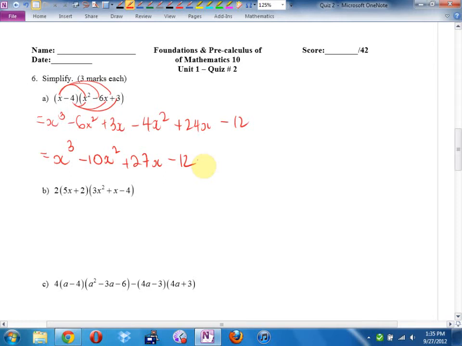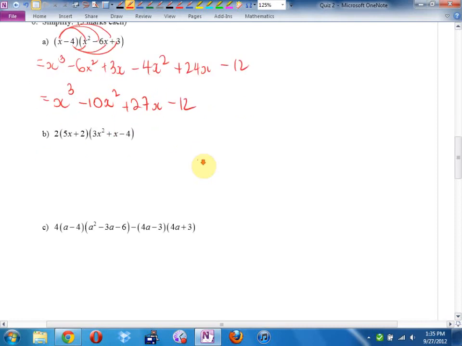B. I'm going to drop the 2 down first. I'm going to multiply the last 2, gather like terms, get an answer, and then I'll multiply the 2 onto everything. I think that's the easiest way to avoid making mistakes.